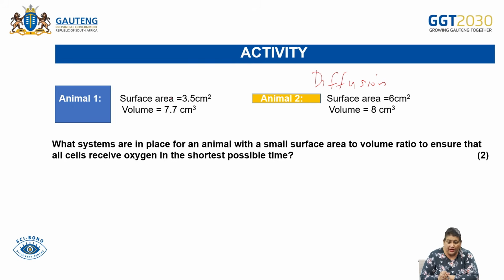It's only 3 compared to its size. So the surface through which oxygen can enter is not enough if it's going to enter only by the surface.